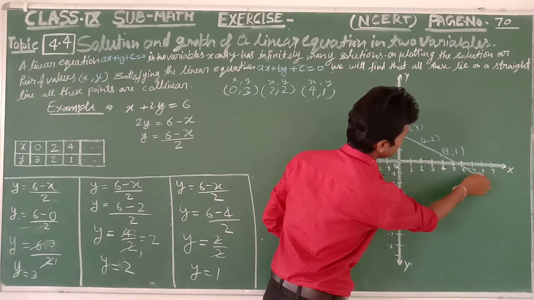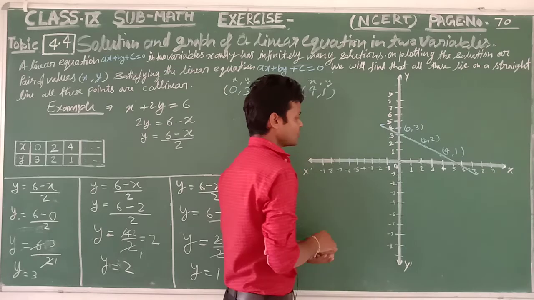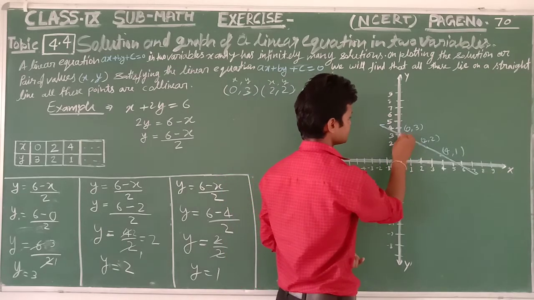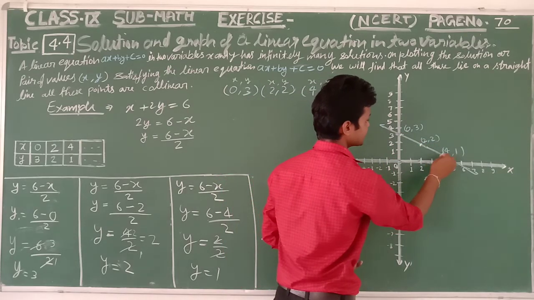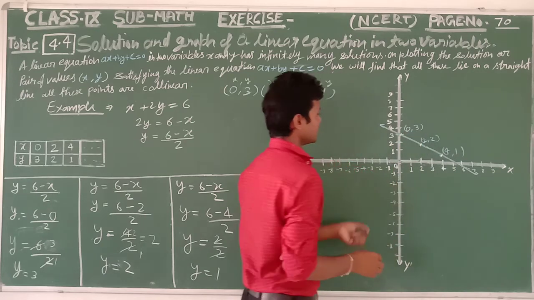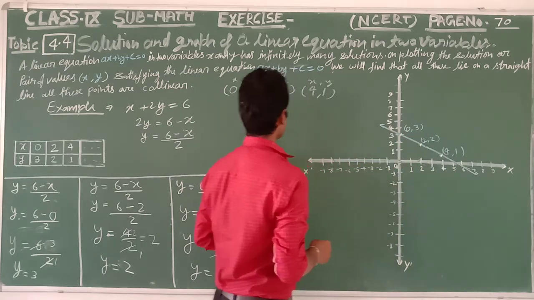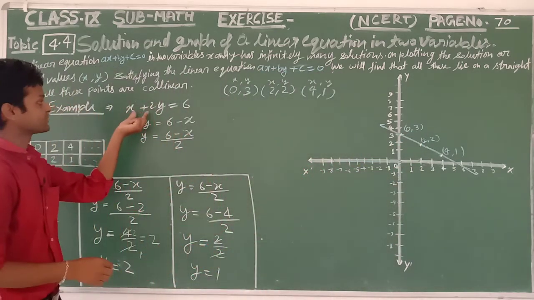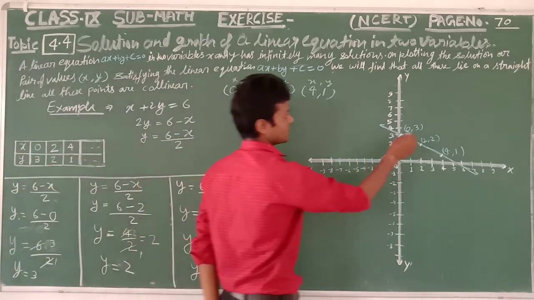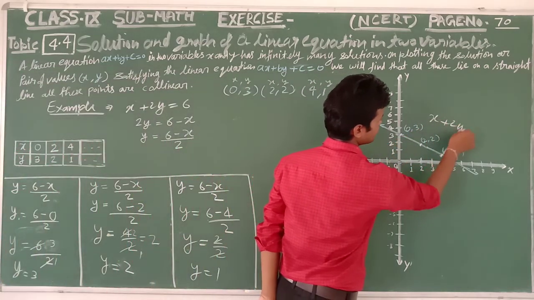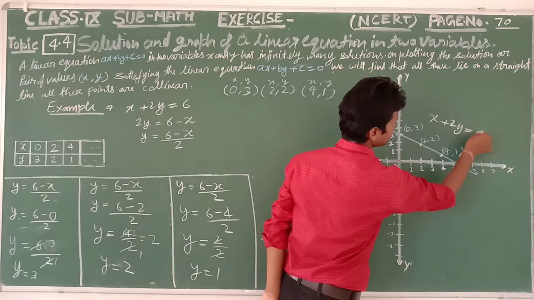You meet them together and draw it further, and you get a straight line. This is called the linear equation's line. I write here the equation: x plus 2y is equal to 6.